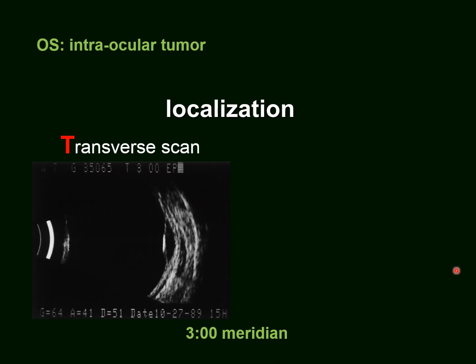Another intraocular tumor. Here the transverse scan. It's again a left eye, odd number. And this is the 3 o'clock meridian where the tumor is located, and the transverse scan goes across this 3 o'clock meridian, here from superior to inferior.